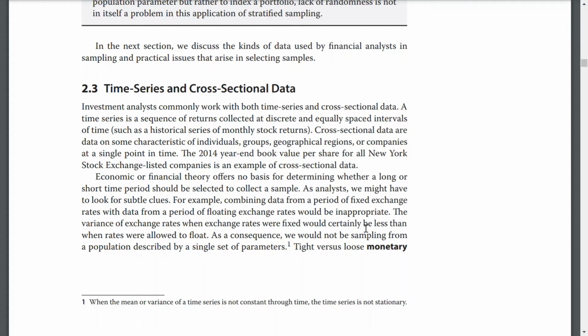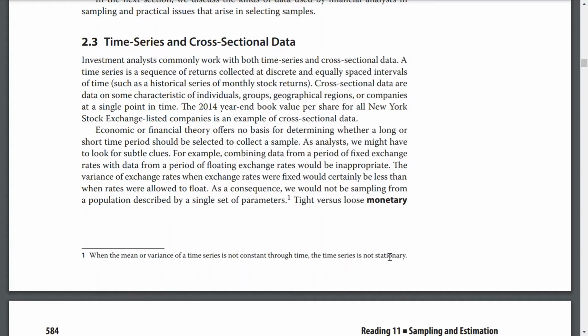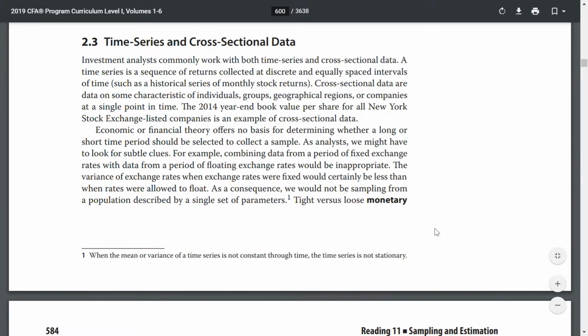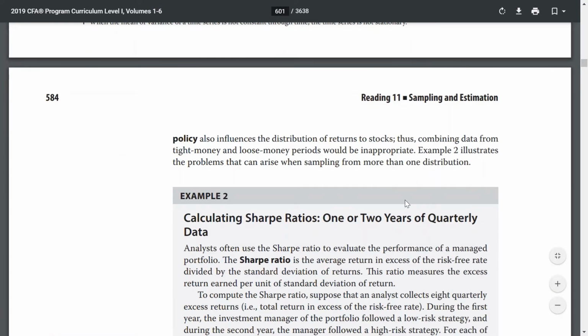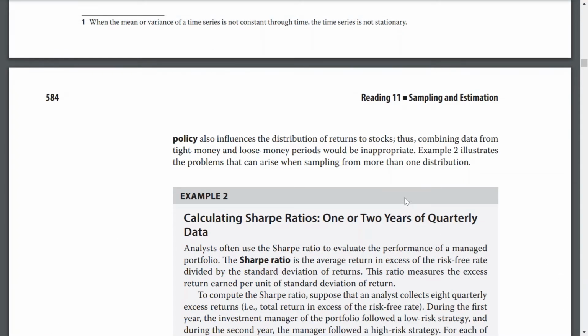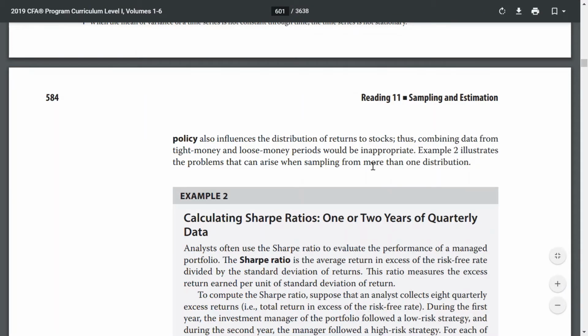As a consequence, we would not be sampling from a population described by a single set of parameters. Tight versus loose monetary policies also influence the distribution of returns to stocks. Thus, combining data from tight money and loose money periods would be inappropriate.